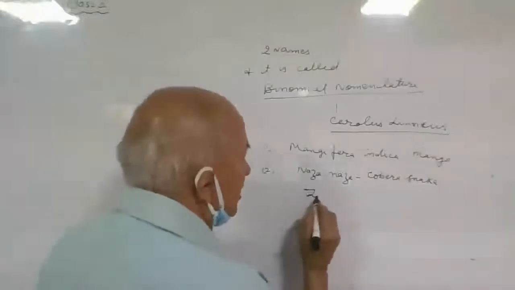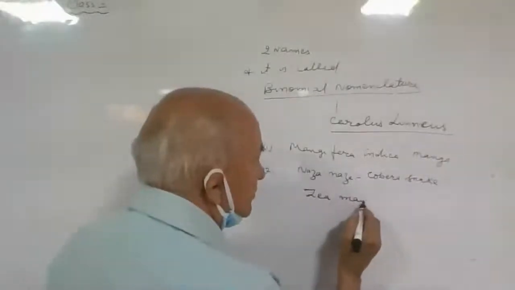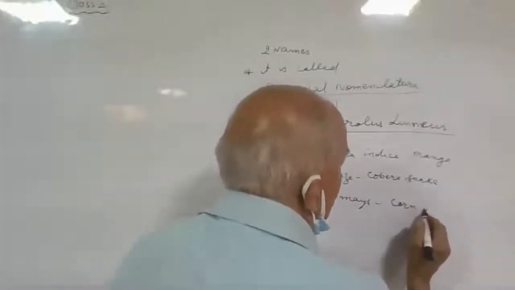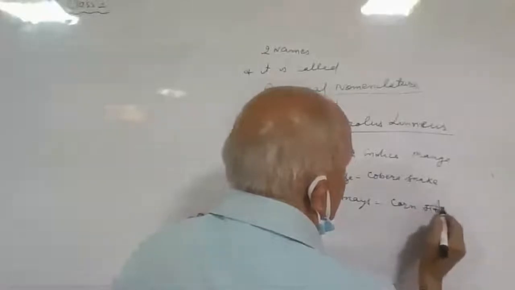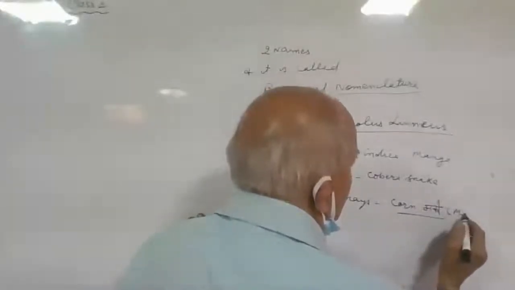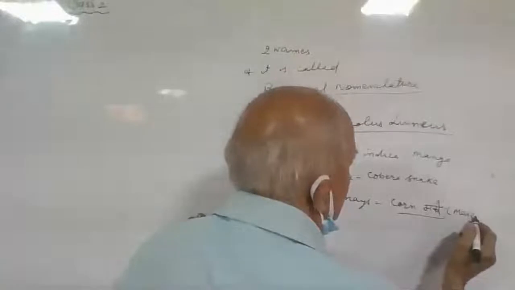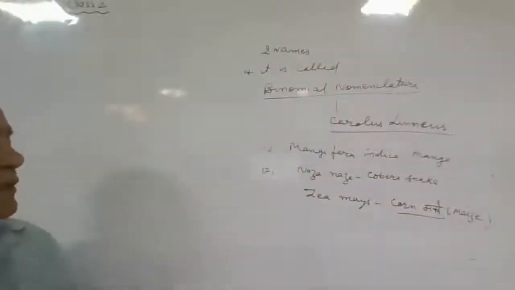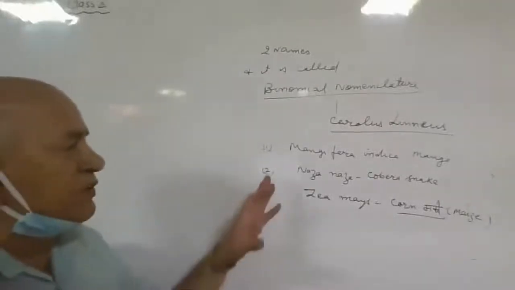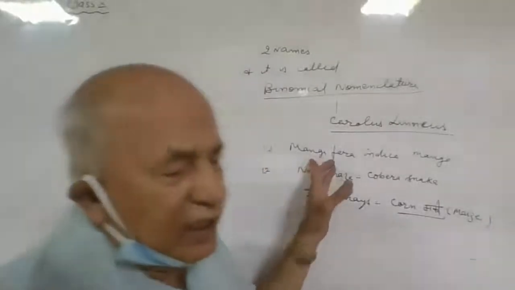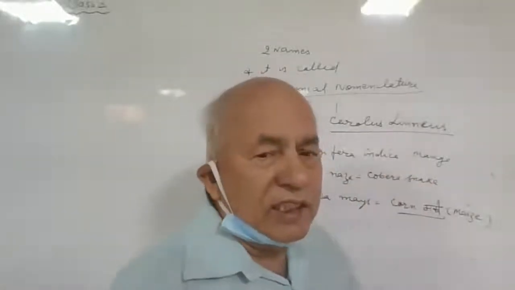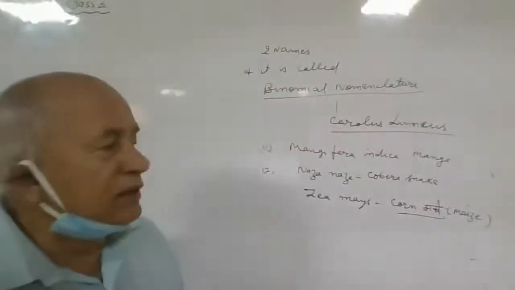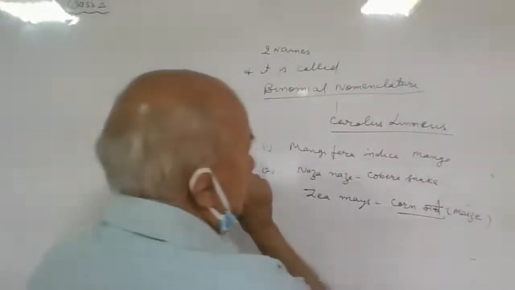Similarly Zea mays, maize, corn, मक्का. So every biological name has this generic name and species name. The generic name is always written with a capital letter and the species name with a small letter.